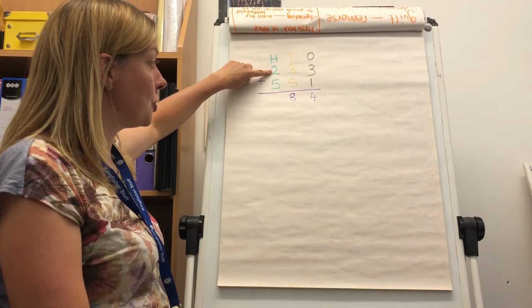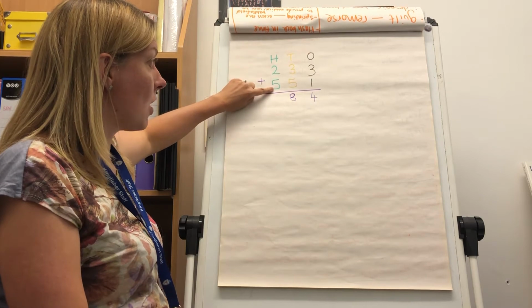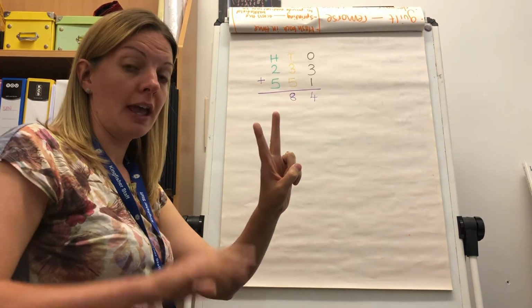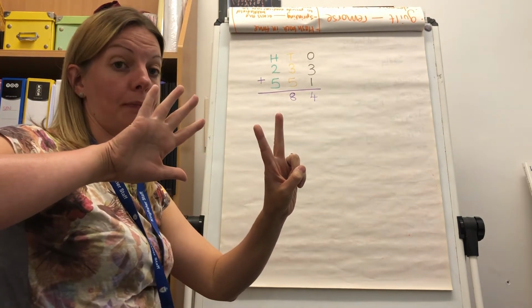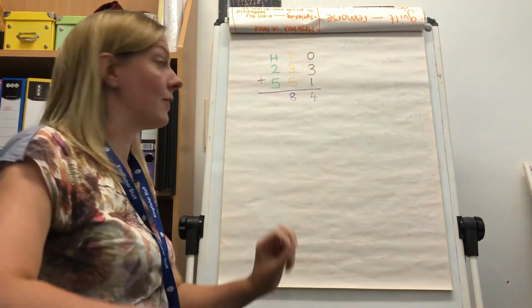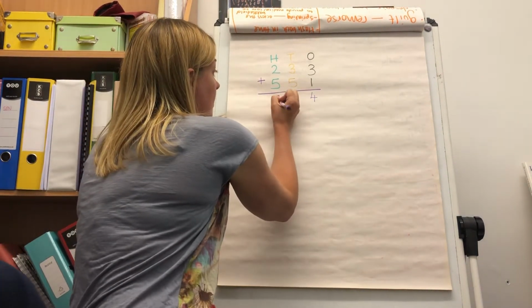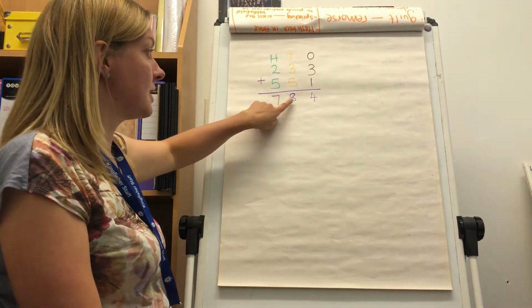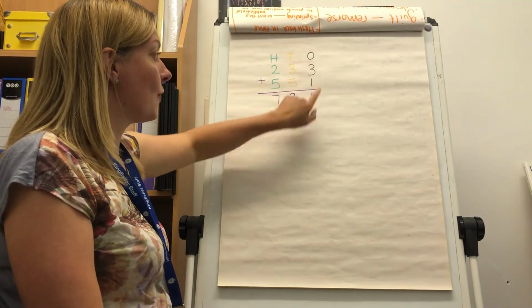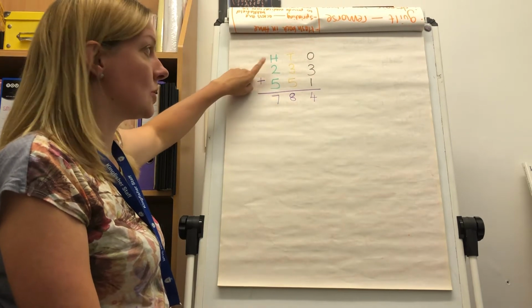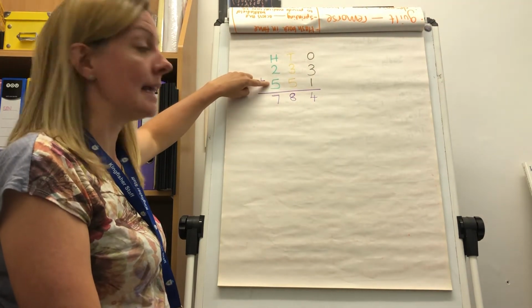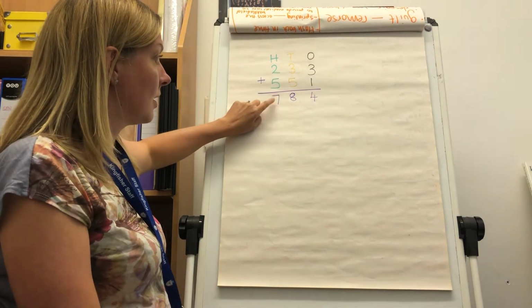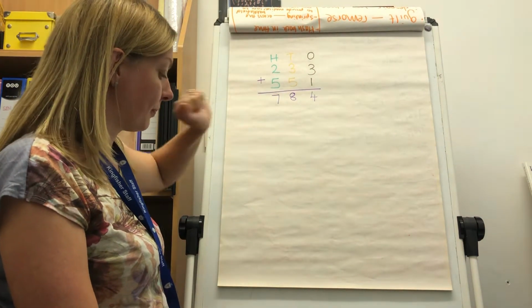I've got 2, add 5. 2 and 5 more is 7. So my answer is 784. Is that bigger than these 2 numbers? Yes, so I know that I've added that up. Brilliant. Okay, let's do another one.